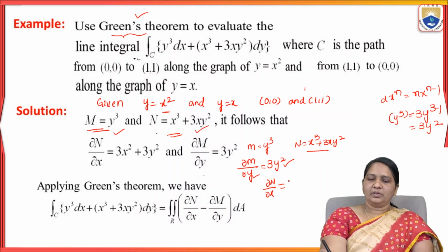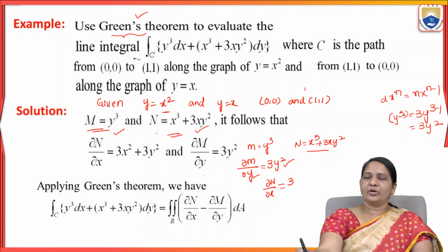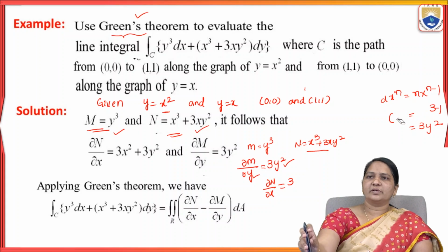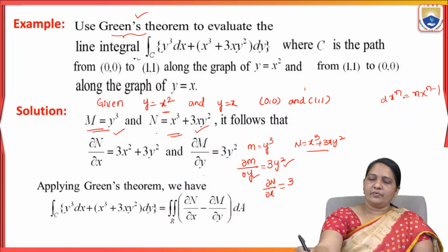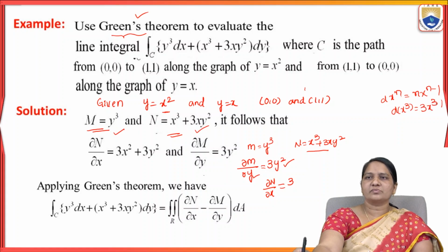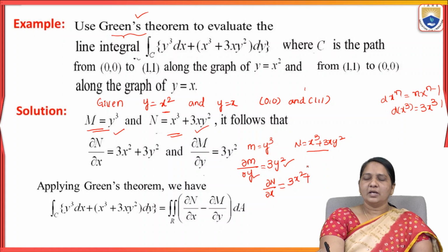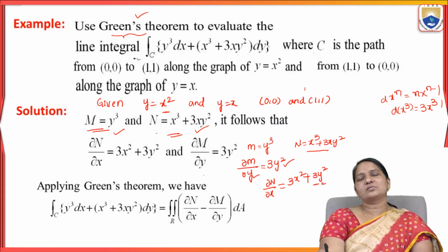Using the formula, the derivative of x cubed is 3 into x power 3 minus 1, which is 3x squared. Then for 3xy squared, here 3 is a constant and y squared is also constant.